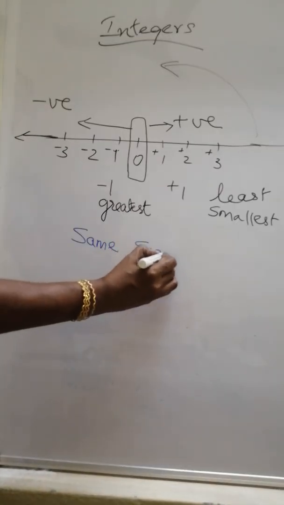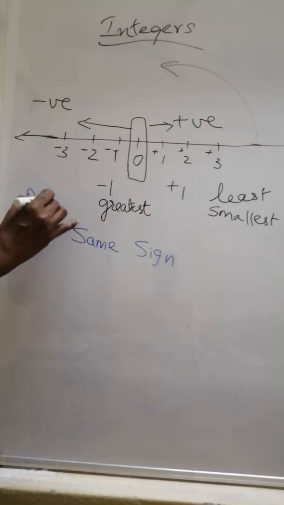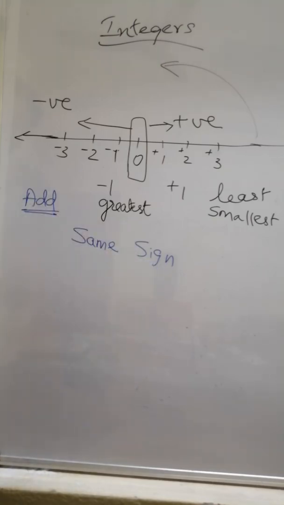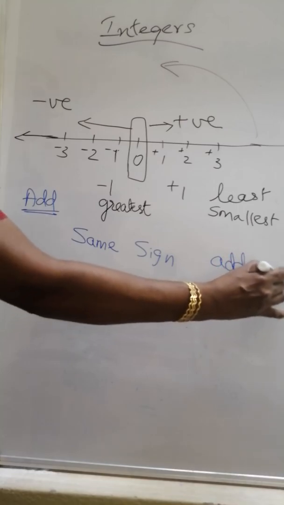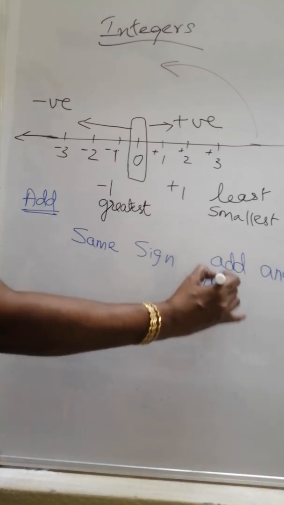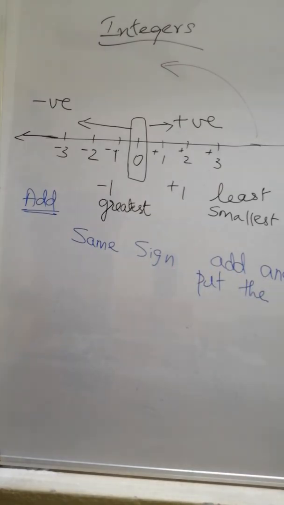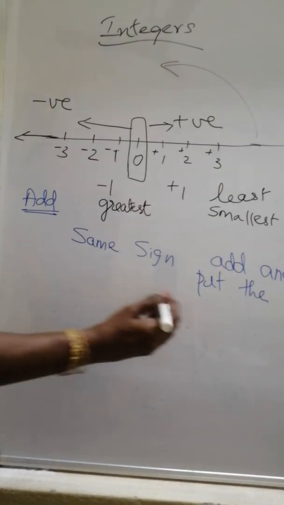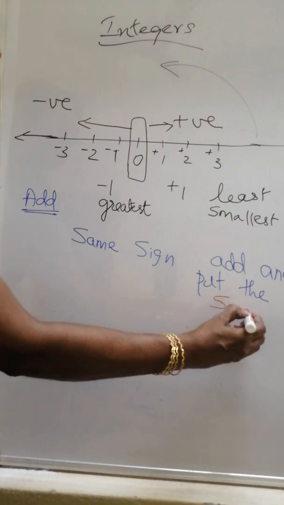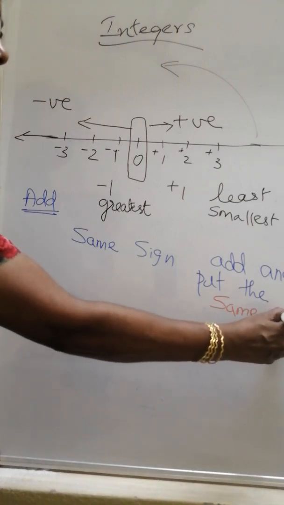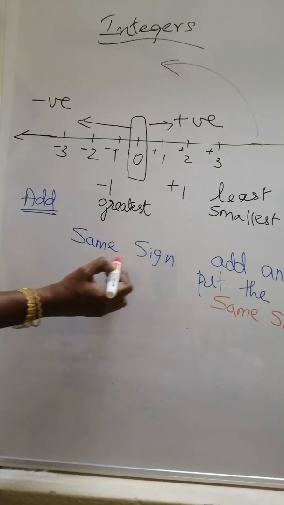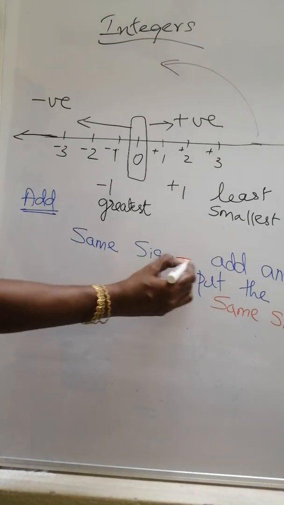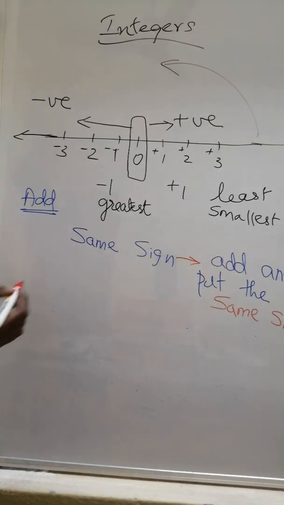The easy way is, remember this always. Same sign. That means we are going to add two integers. Same sign, add and put the same sign. If you are adding two numbers of same sign, add and put the same sign.